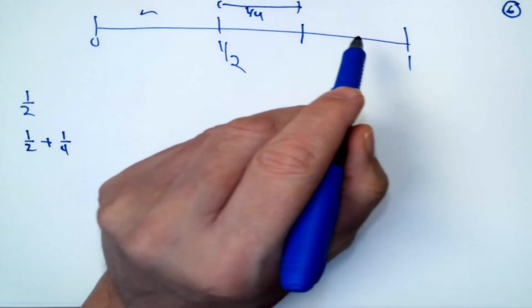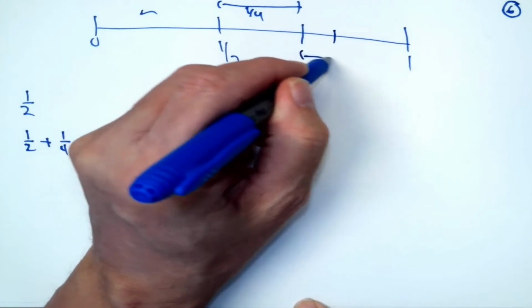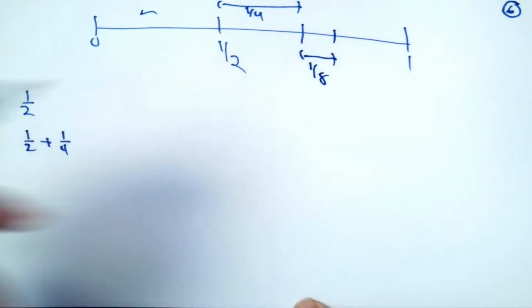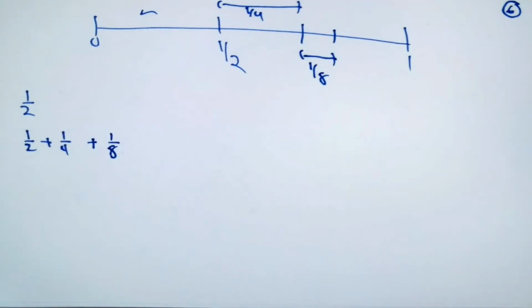But before I can complete the remaining 1/4 of a mile, I would have to do an additional 1/8 of a mile, and then 1/16 and 1/32 and 1/64, and so on and so forth.